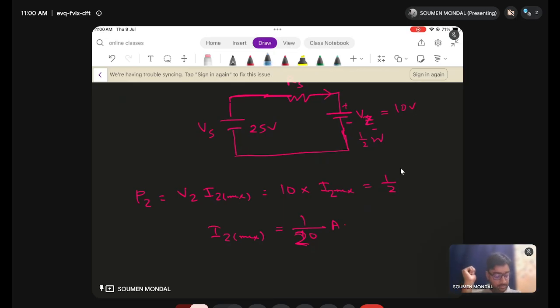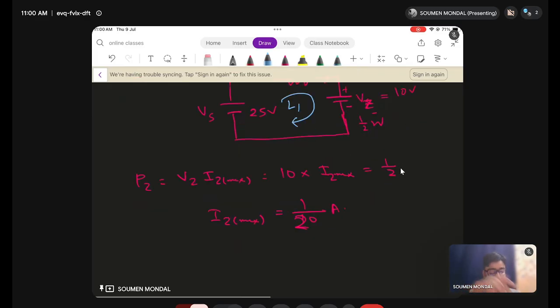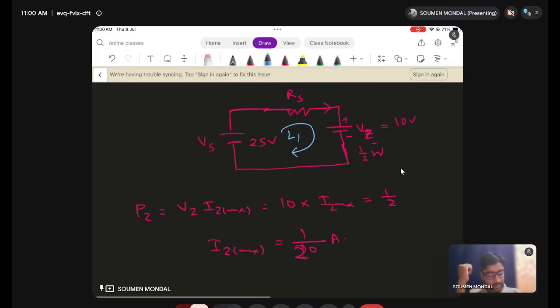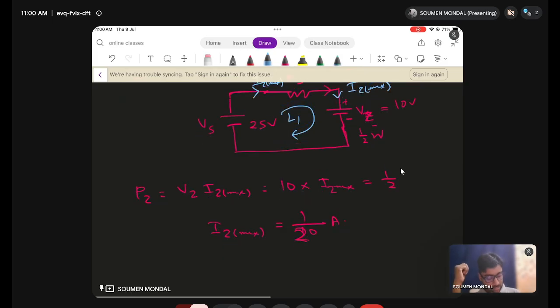Now again a simple KVL can solve our problem. This is our loop. We already discussed, I can blindly write it down now. In the circuit, we will consider that only Iz max is flowing.